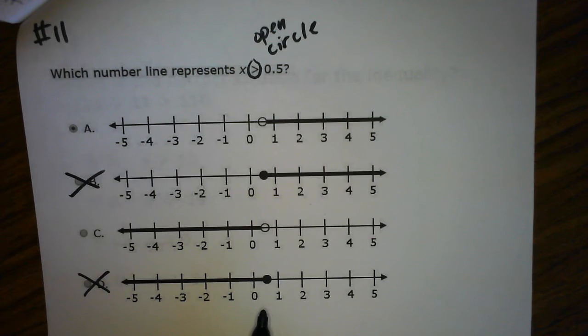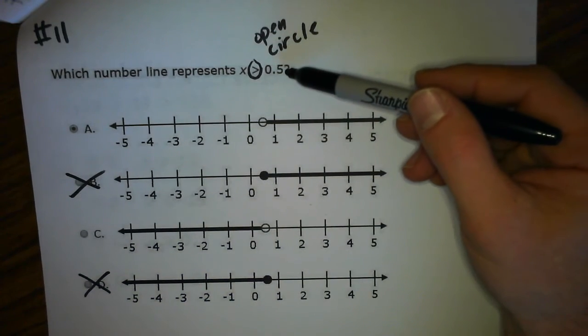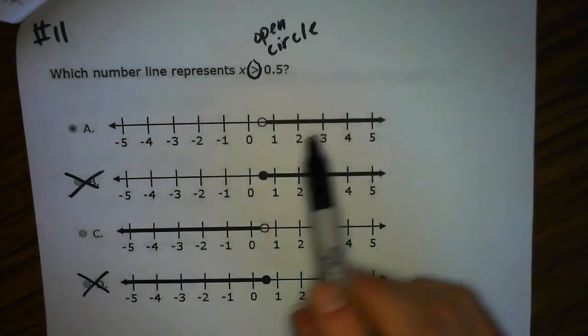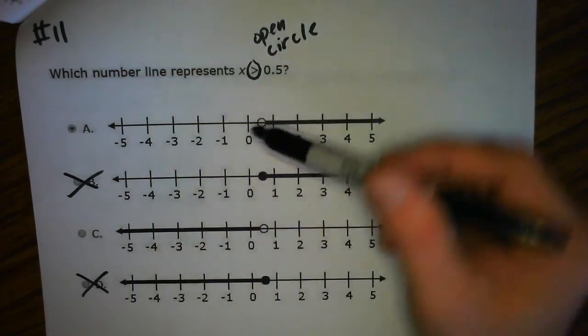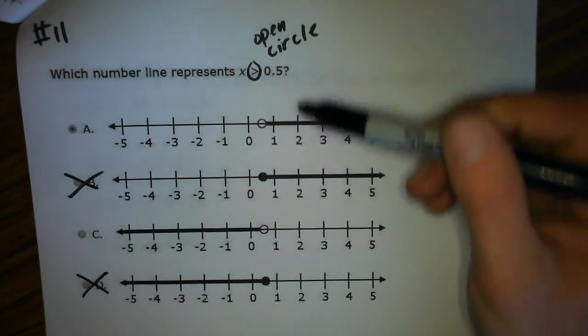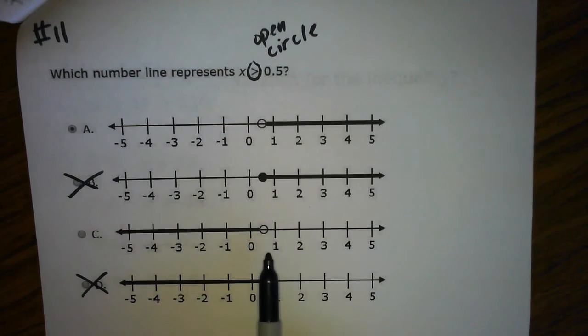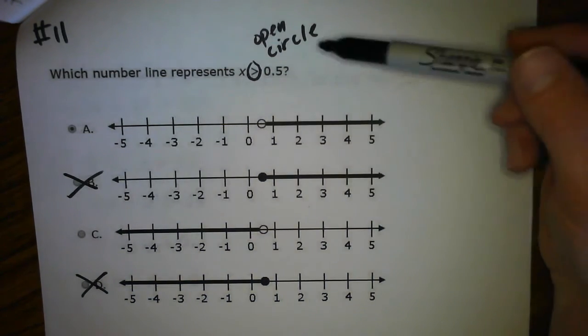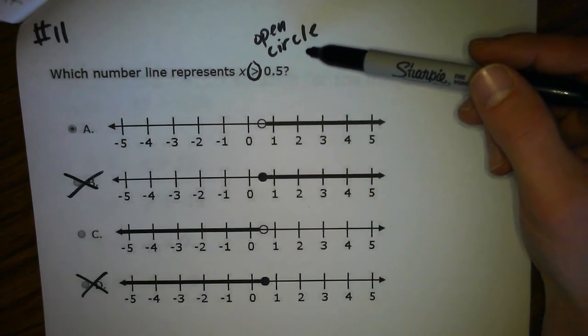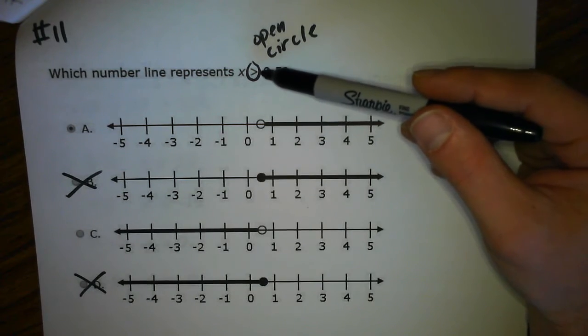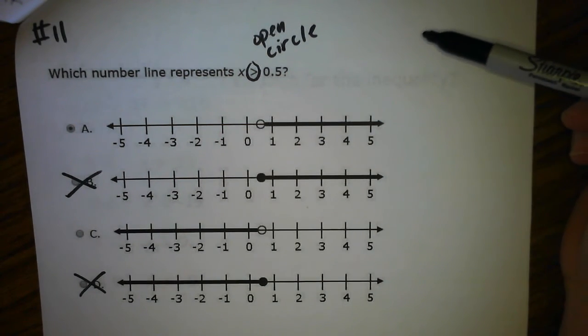Next thing I would look at is to see if the point on the graph is on 0.5. Yep, that's 0.5. It's between 0 and 1. And option C, that is also 0.5 because it's in between 0 and 1. Alright, next thing you look for is which direction the shading is facing.